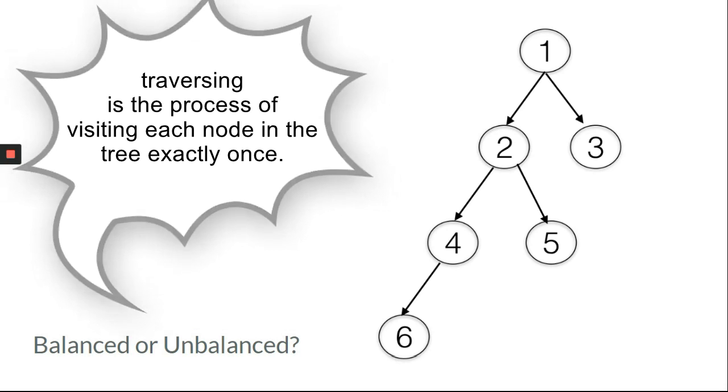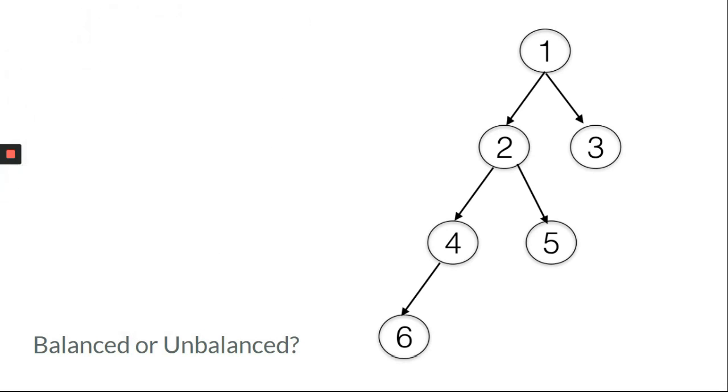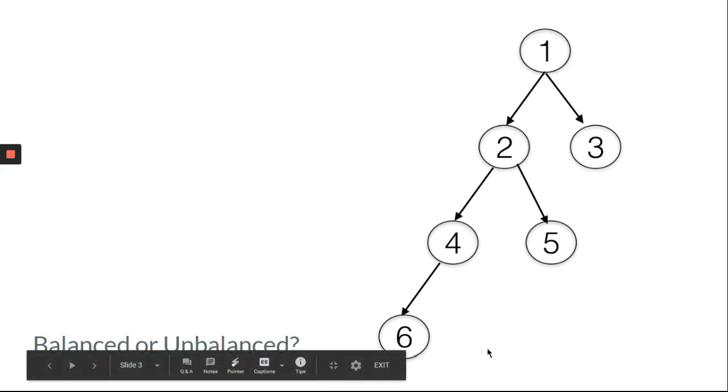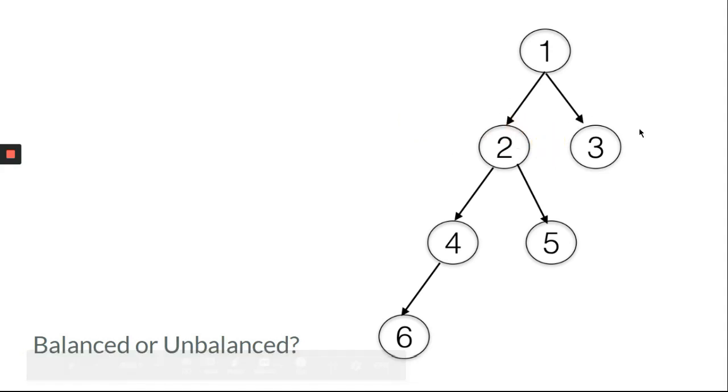So let's check to see if this tree here is balanced. We're going to take this whole left subtree here, and we're going to take this right subtree here. What we're going to do is calculate the height of the subtree on the left and the height of the subtree on the right, and subtract those.